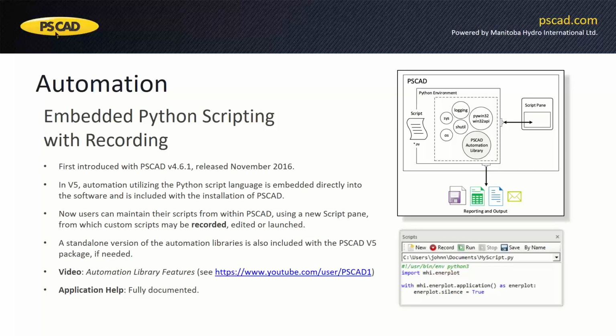We're also offering the standalone version of the automation libraries with PSCAD version 5 because with the embedded one, the one thing it can't do is launch PSCAD from within itself. So the standalone version can be used for that. There's a nice video on this feature on our YouTube channel, so have a look. I think the recording is demonstrated and everything in there.